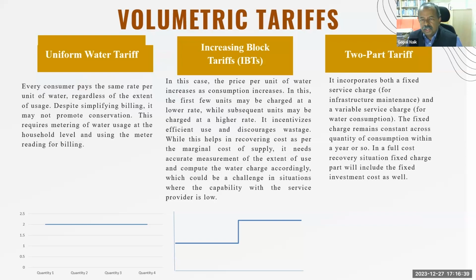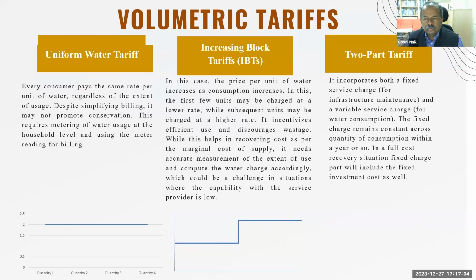Whereas, if you look at the increasing block tariff, you can see the figure here. For certain levels of water consumption, your tariff remains the same. But as it increases and goes beyond that level, the price increases, in order to disincentivize higher consumption of water.